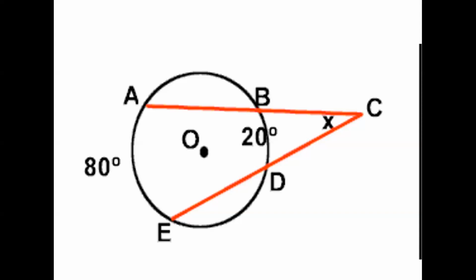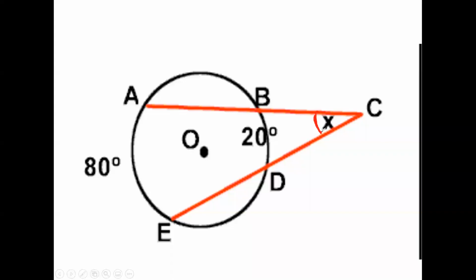Yes, sir. In this case, dahil nag-meet ang secant AC at ang ating pong secant EC sa outside the circle, they form an angle which is angle ACE, which is named after X. Okay, so ito po yung nabuo na angle.